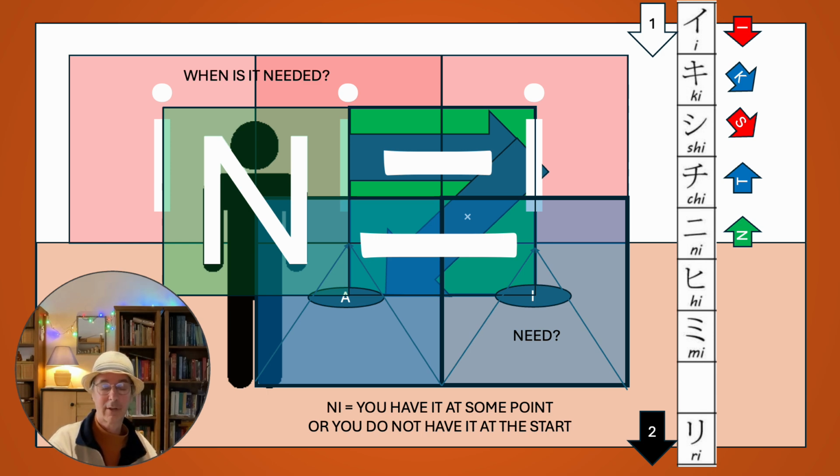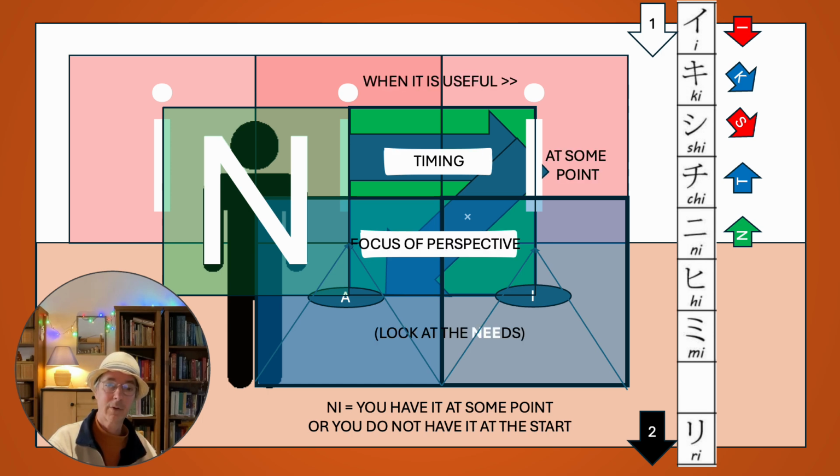Now, how do I understand the Japanese script? Also there, the idea is that when it is useful, then at some point we can use it. So the timing is involved, of course, because it's in every letter combination in the Japanese and Chinese script. This is the focus of perspective.